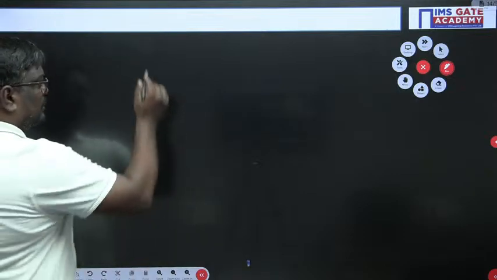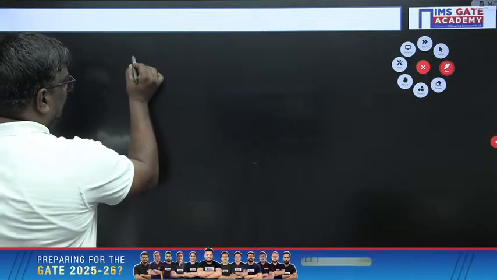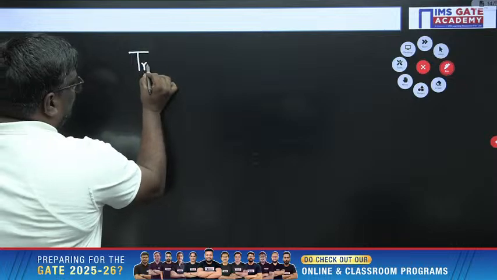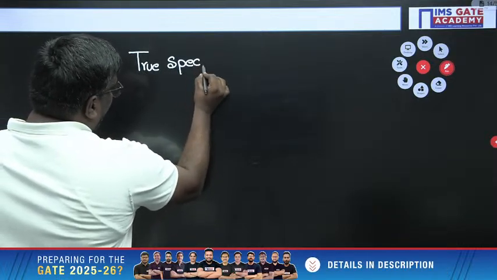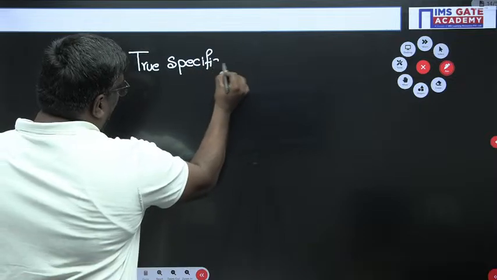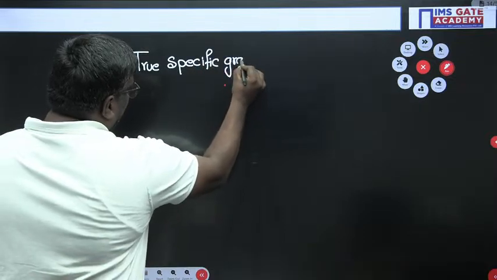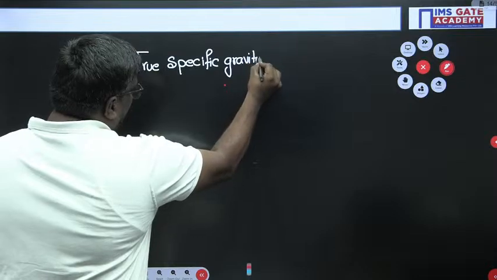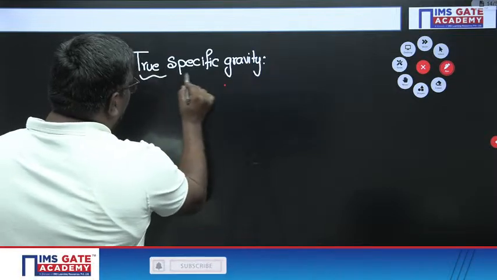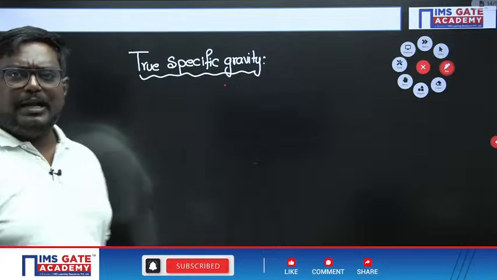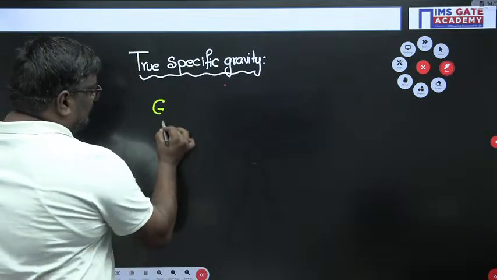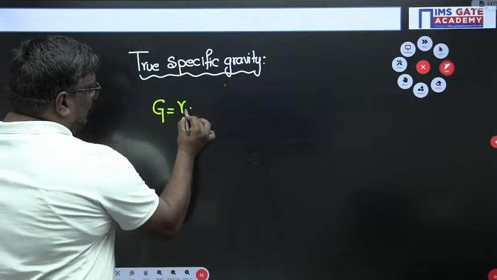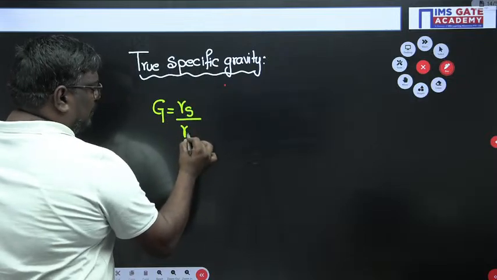Now see, students, they can ask you what is true specific gravity. Now my dear students, true specific gravity is given as G. G is equal to gamma_s upon gamma_w.